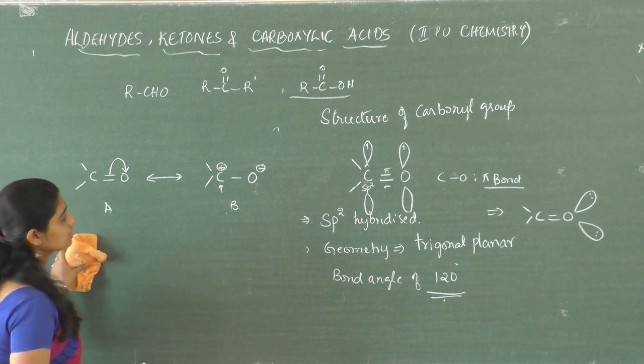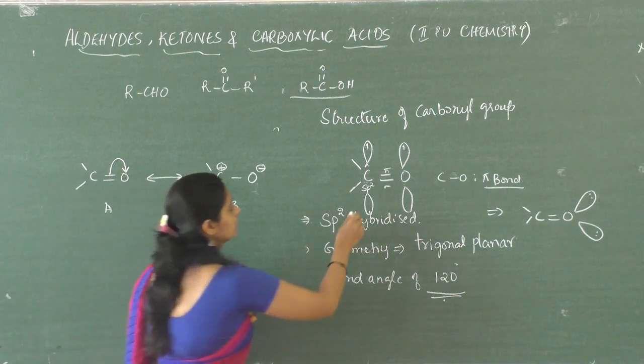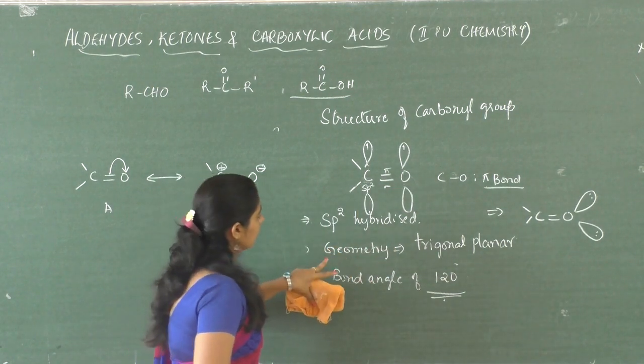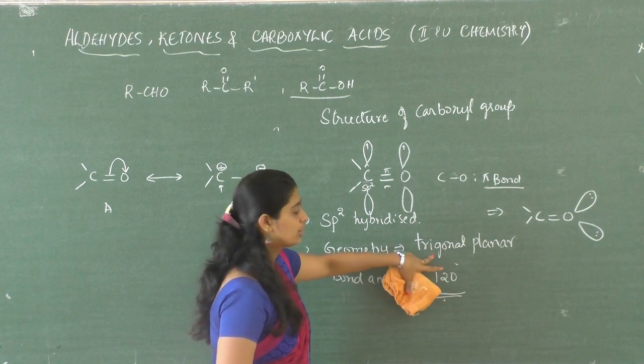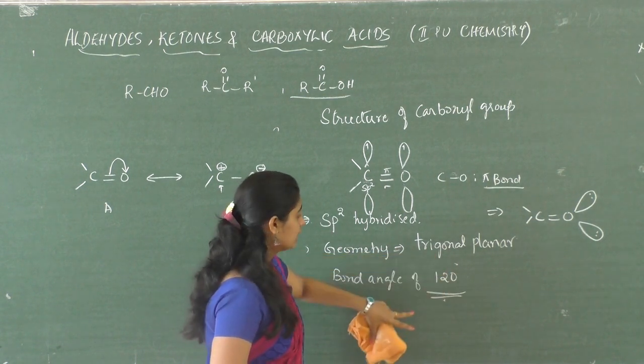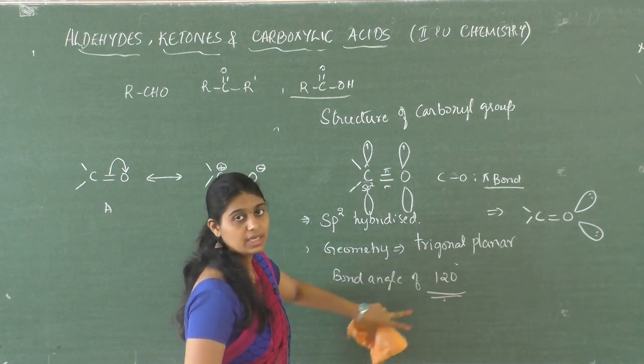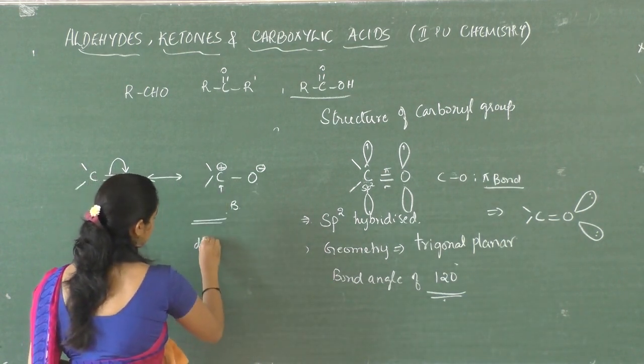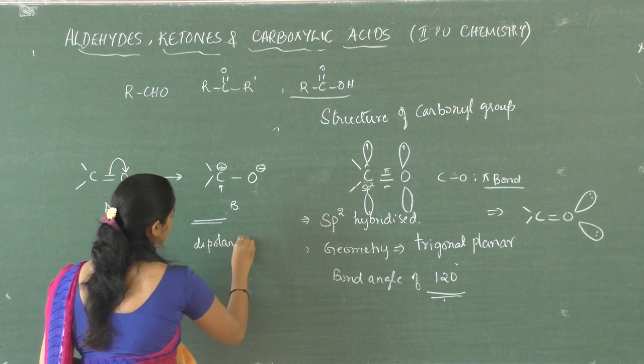So this is about the structure of the carbonyl group: the carbon and oxygen undergo sp2 hybridization. Therefore the geometry of the molecule becomes trigonal planar with a bond angle of 120 degrees, and you need to know that it is dipolar in nature.